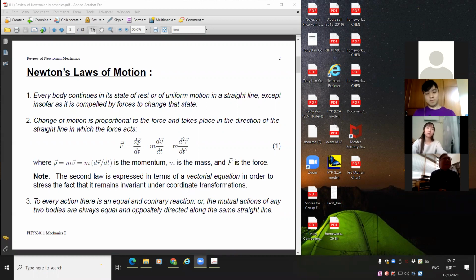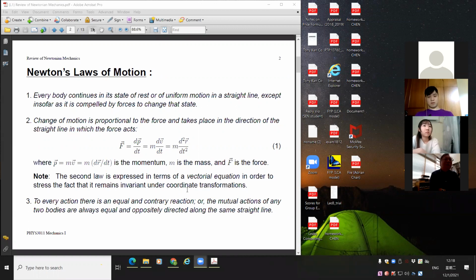Now, the most important ingredient of Newtonian mechanics are Newton's laws of motion, right? First of all, law number 1: everybody continues in a state of rest or of uniform motion in a straight line, except insofar as it is compelled by forces to change their state.